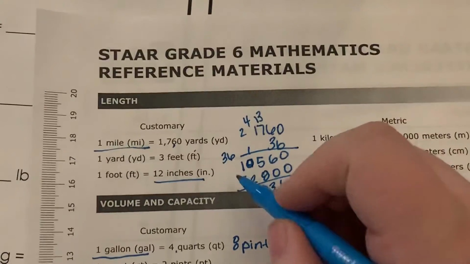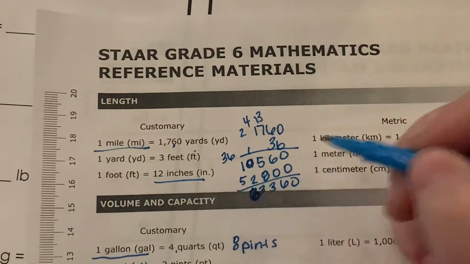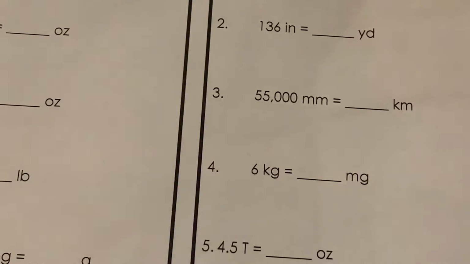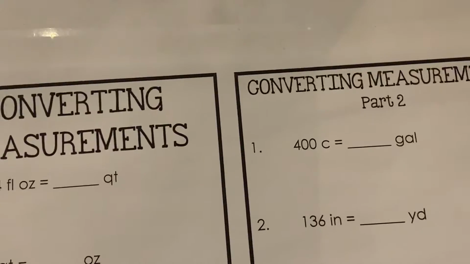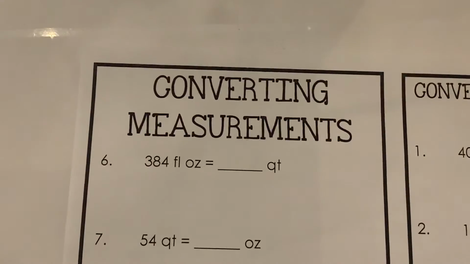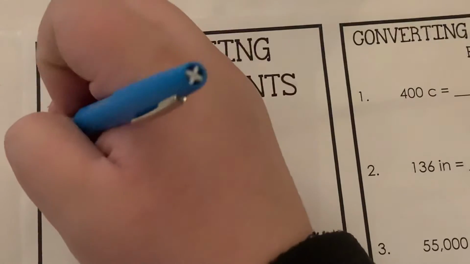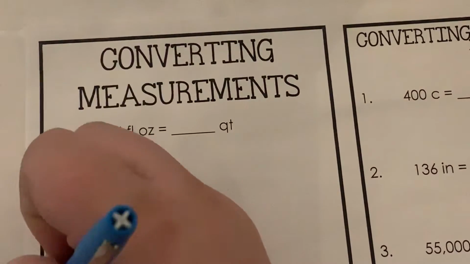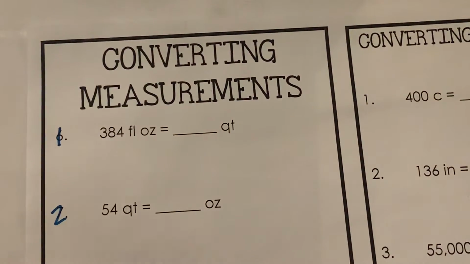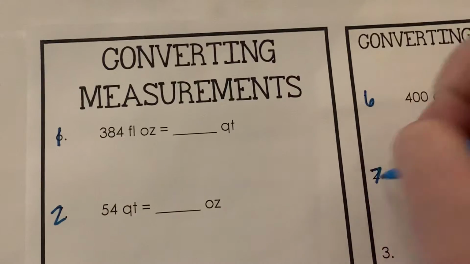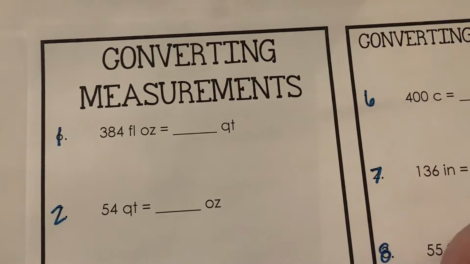This should be 6. Okay. So now that we know how to find the conversion, let's go over here and look at our notes. And this was supposed to be 1, 2, 3, 4, 5 on this side. It doesn't really matter, the numbers.